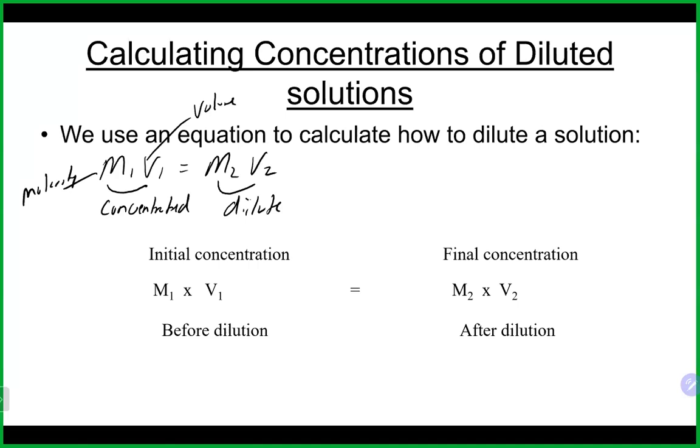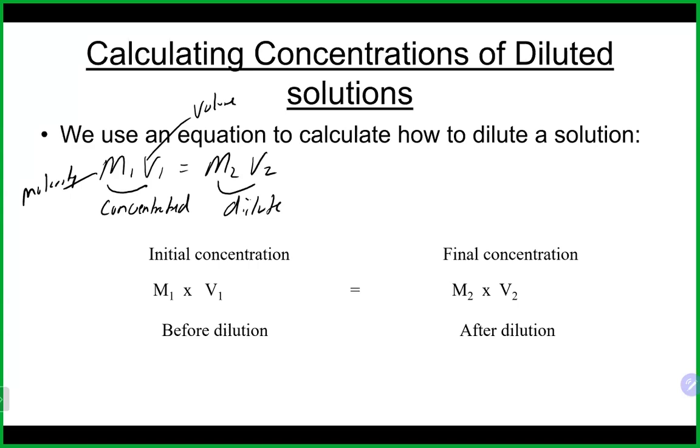So if you are using this equation, this is the one place where you can actually leave the volume in milliliters. It will work out okay. If you want to convert it to liters, you can, but you don't necessarily have to.